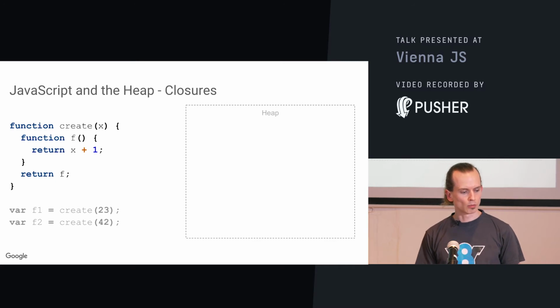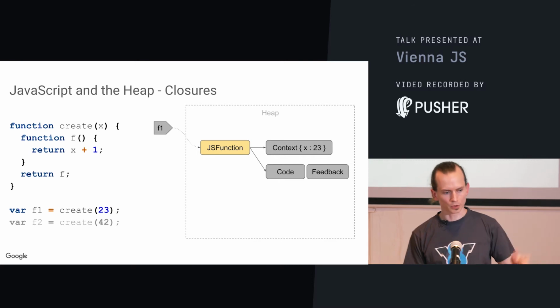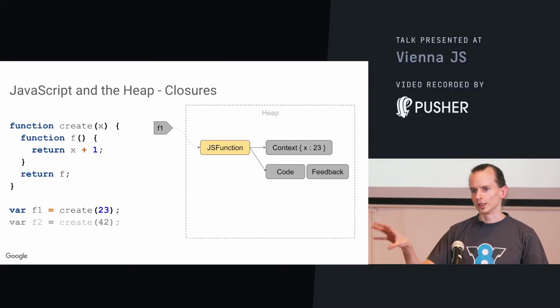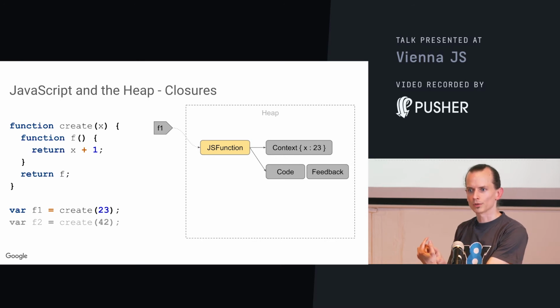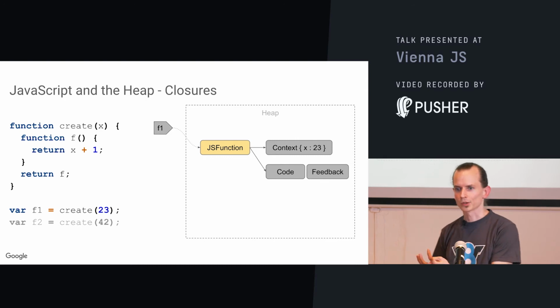And what this means is basically the first time you call this create function with, for example, a value of 23 for x, we remember this value 23 in a canonical location in the heap. And this canonical location where we store these variables is called context. And the function binds this context.